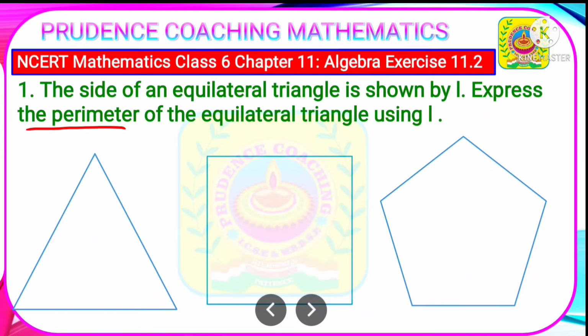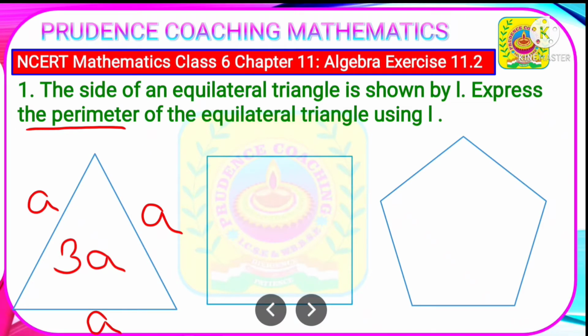So in case of an equilateral triangle, what are the outer boundaries? This side, this side and this side. If we find the sum of all these 3 sides, we will get the perimeter of this equilateral triangle. If we say this one is A, as all the sides are equal, if we add all these, A plus A plus A, we will get 3A. So here the perimeter is 3A.